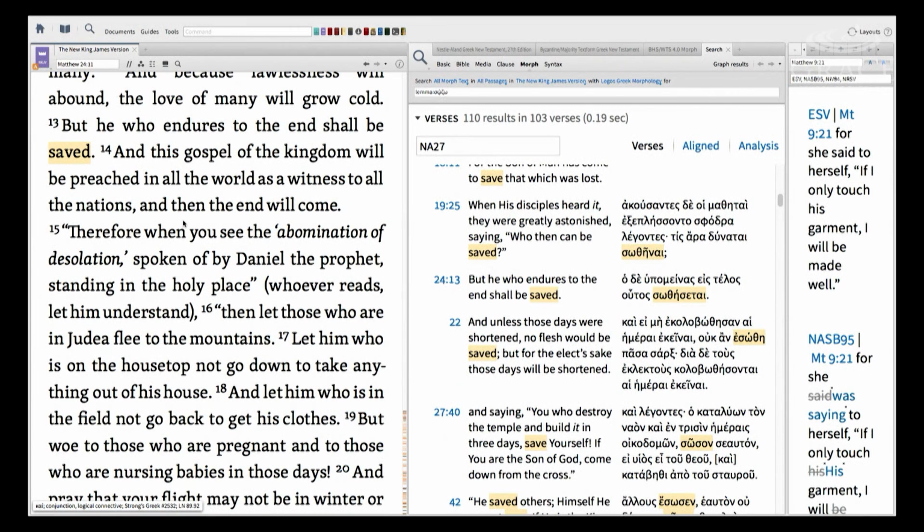Verse 15 says, "Therefore, when you see the abomination of desolation spoken of by Daniel the prophet, standing in the holy place, whoever reads, let him understand, and then let those who are in Judea flee to the mountains." This is a blow-up in the middle of the tribulation period, we think. The abomination of desolation spoken of by Daniel the prophet was the Antichrist.